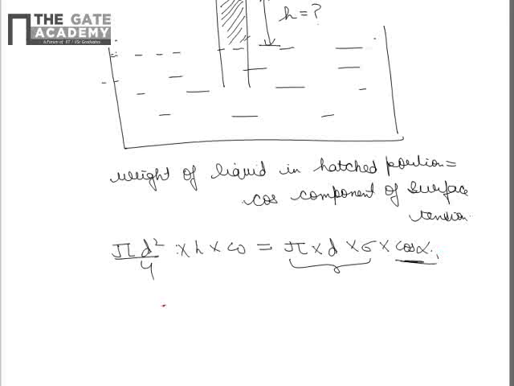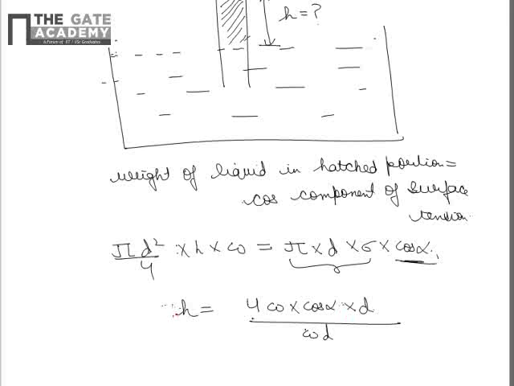So upon solving we have h equal to 4 sigma cos alpha divided by omega d.